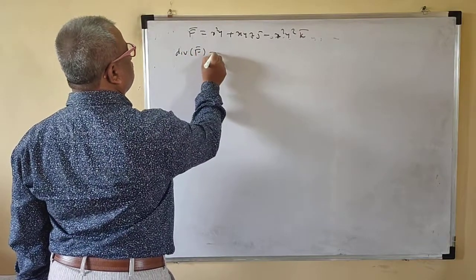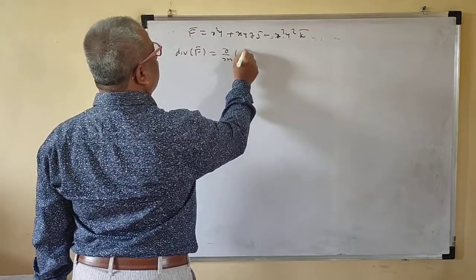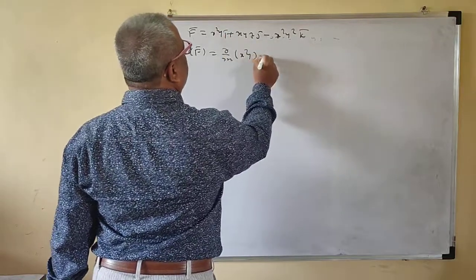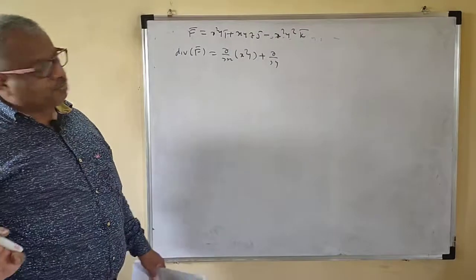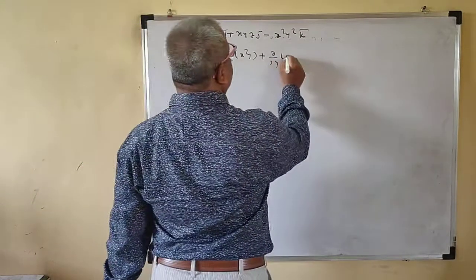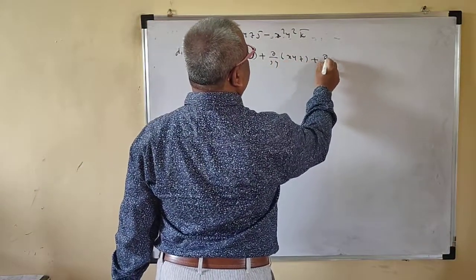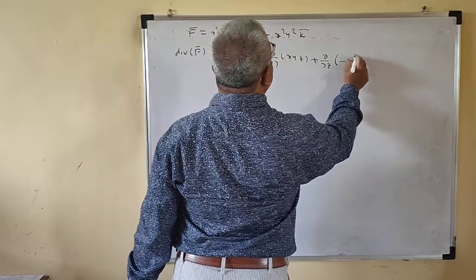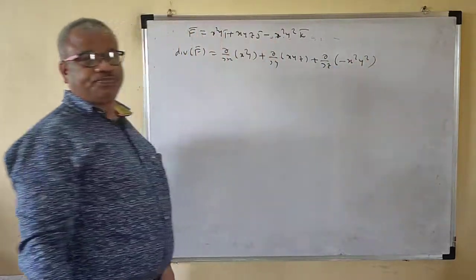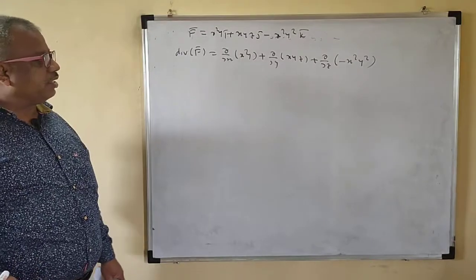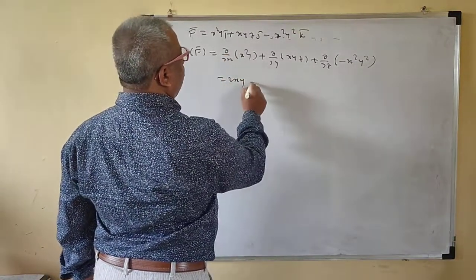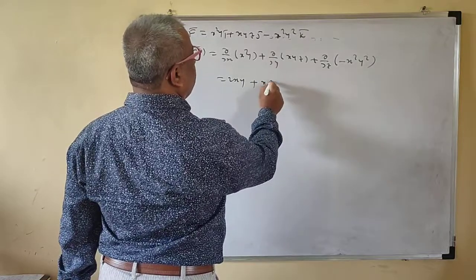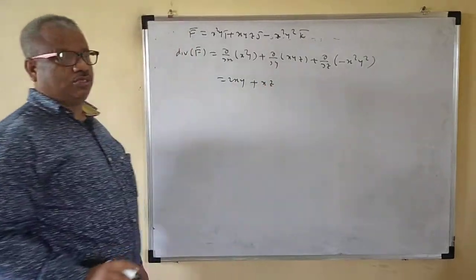Divergence of f bar is dou by dou x of the first component, x square y, plus dou by dou y of xyz, the second component, plus dou by dou z of the third component, along with the sign. Note that you have to take the component along with the sign. So we differentiate: this is twice xy, plus the derivative of this is xz, and the derivative of that is 0.